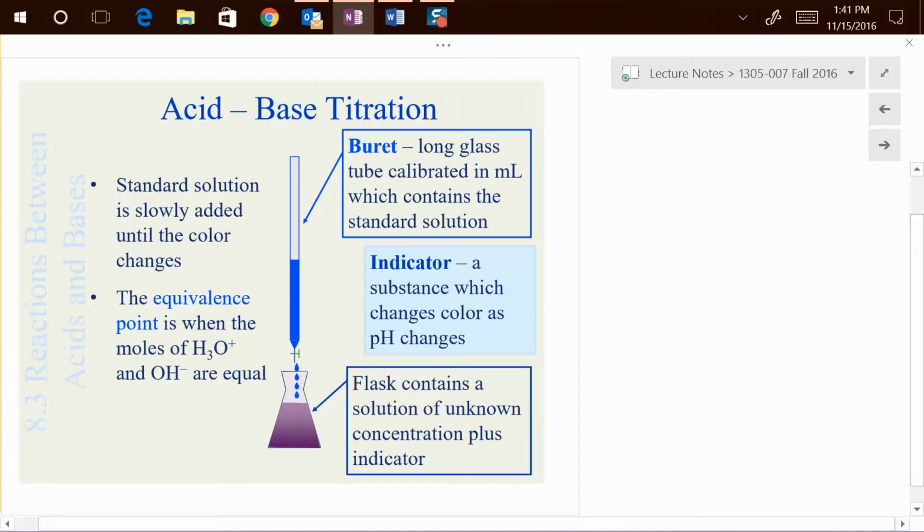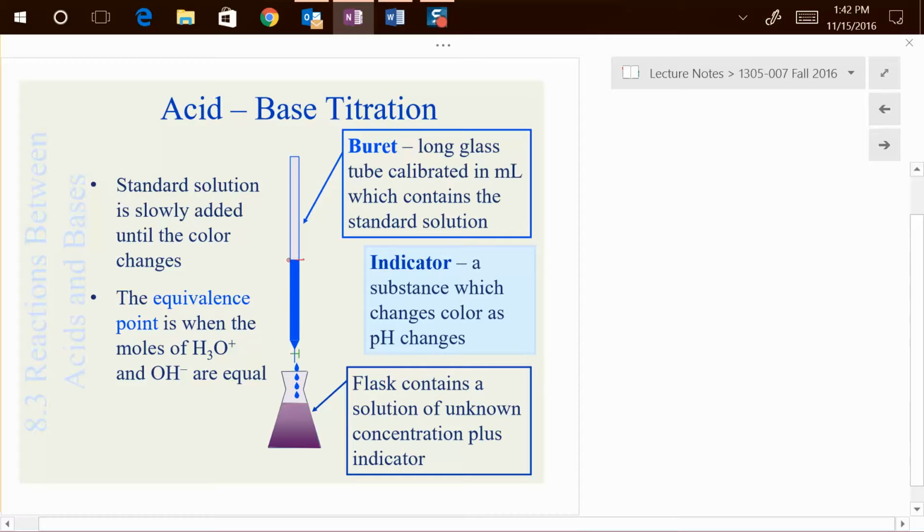Okay, so here is the setup for a titration. You have a flask. It has an acid in it. Here you have a burette that has a base inside of it. And you will add the base to the acid until, here they've added an indicator that causes it to turn pink once it's reached its equivalence point, its end point. Okay? At that point, I know my titration is done.